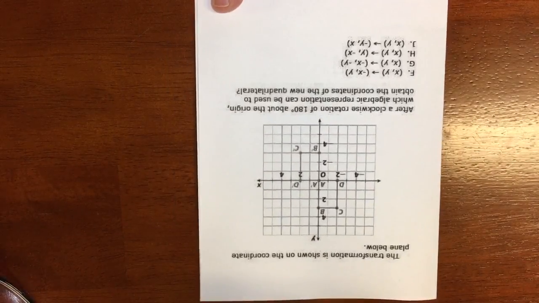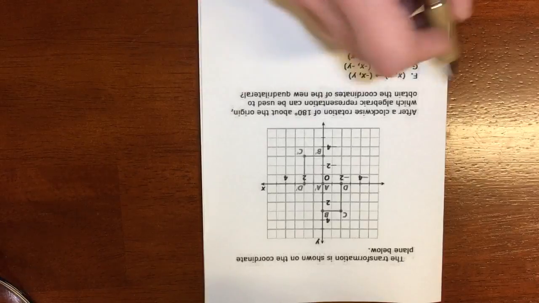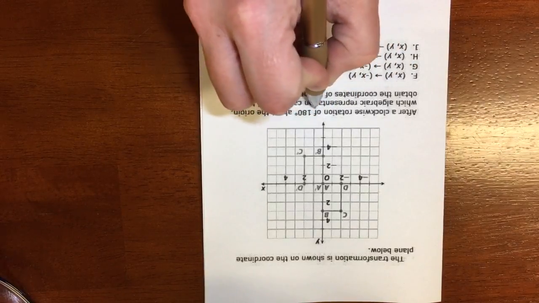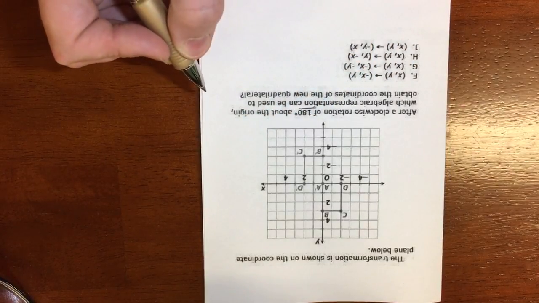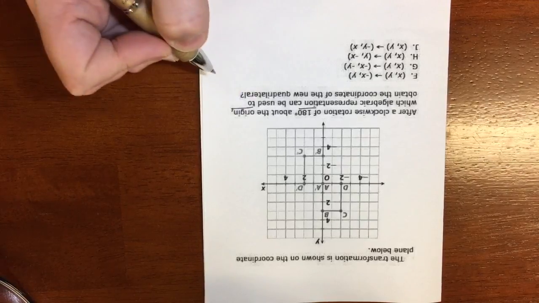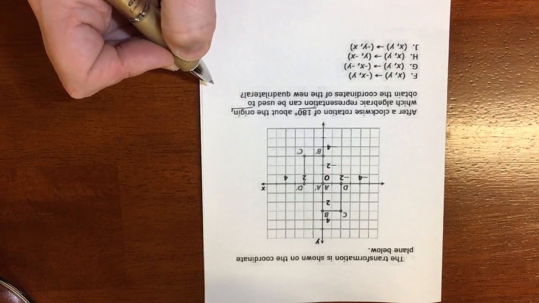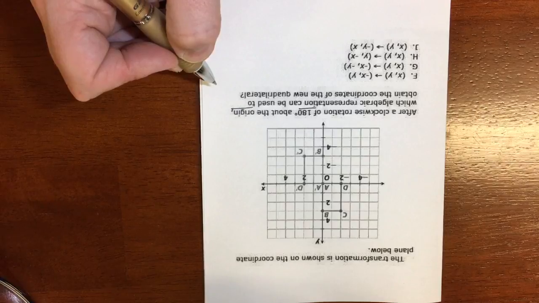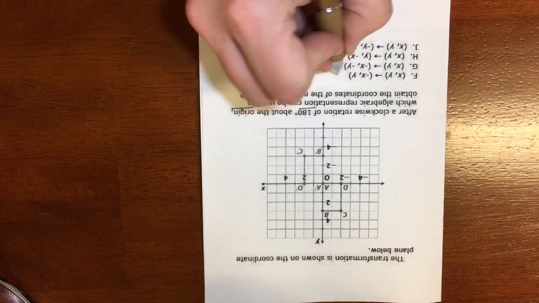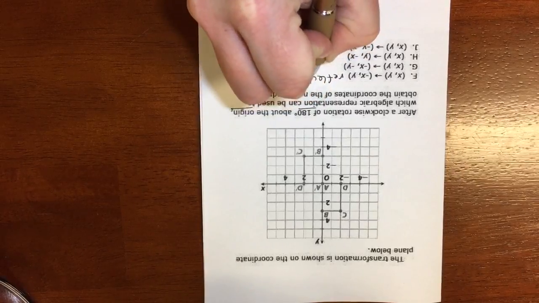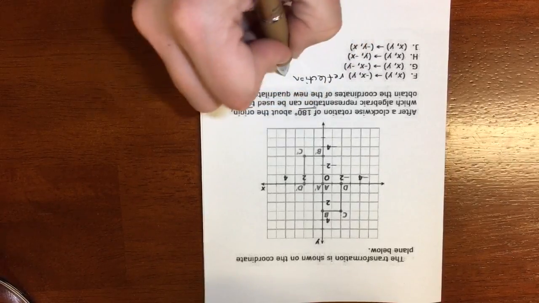All right, this transformation, it's going to be after a clockwise rotation of 180 about the origin, which in 8th grade it's always about the origin, which algebraic representation can be used to obtain the coordinates of the new quadrilateral. Okay, well, I know this is a reflection because the x has changed opposite.